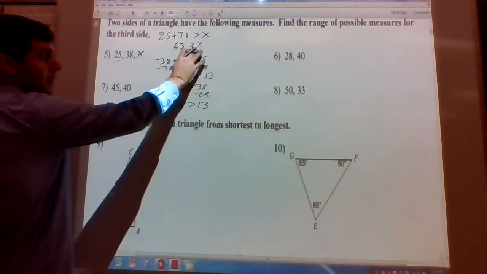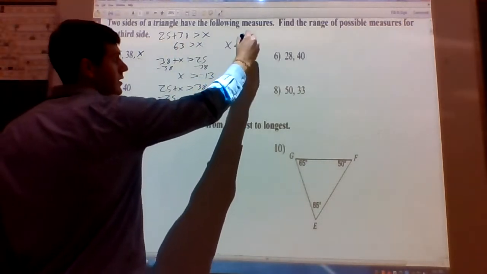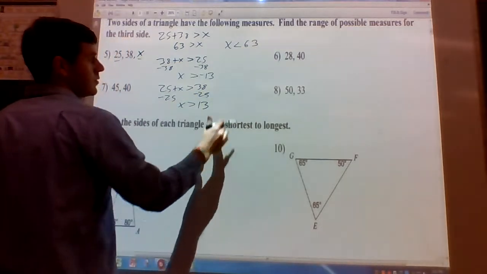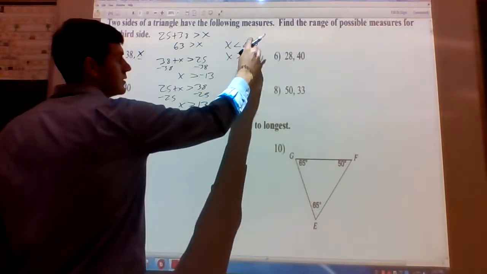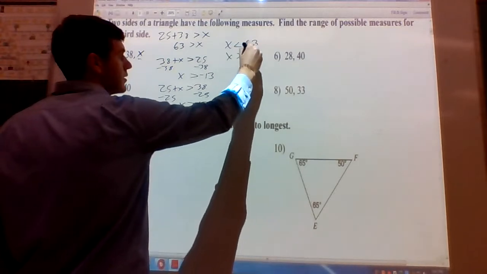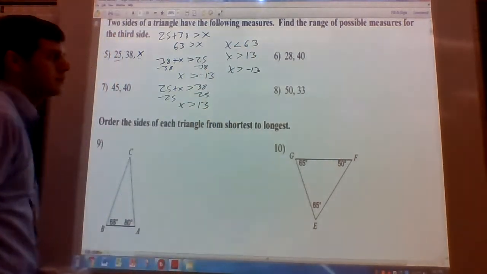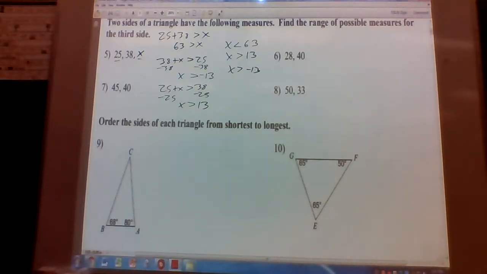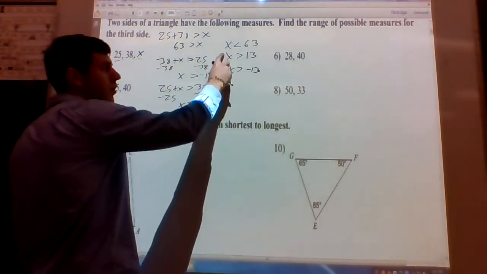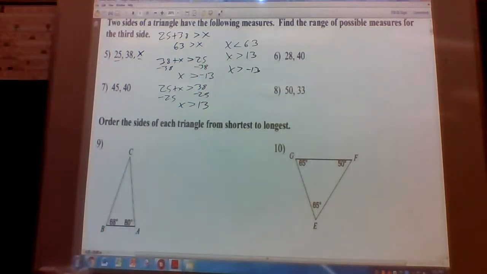Okay, so we have x is less than 63. We have x is greater than 13, and x is greater than negative 13. We have to pick which range of possible x values you have. So what x values fit all three of these inequalities?